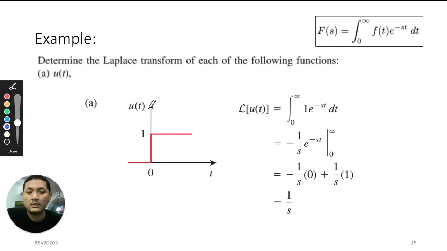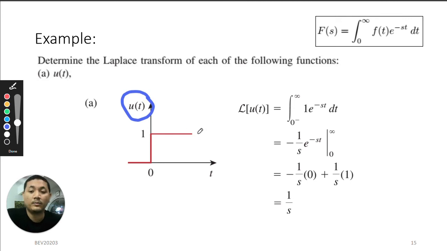This is the u(t) signal, which means the amplitude is 1, and it exists from 0 until infinity. If it is 2u(t), then the amplitude is 2. Never mind, let's do the Laplace transformation of signal u(t).